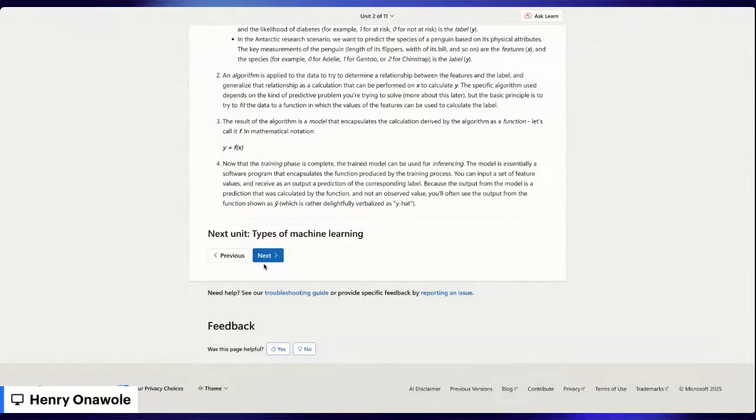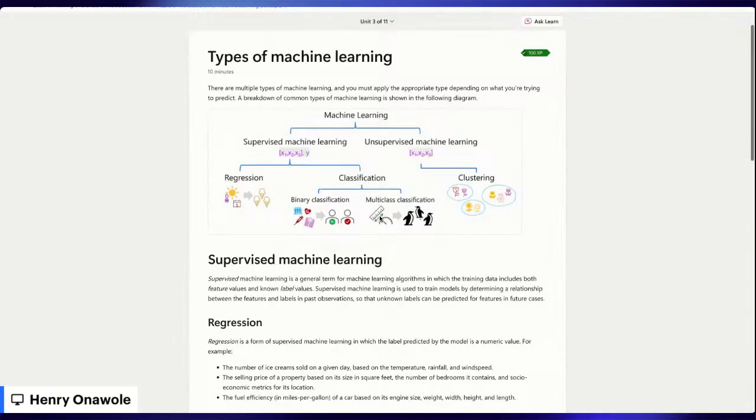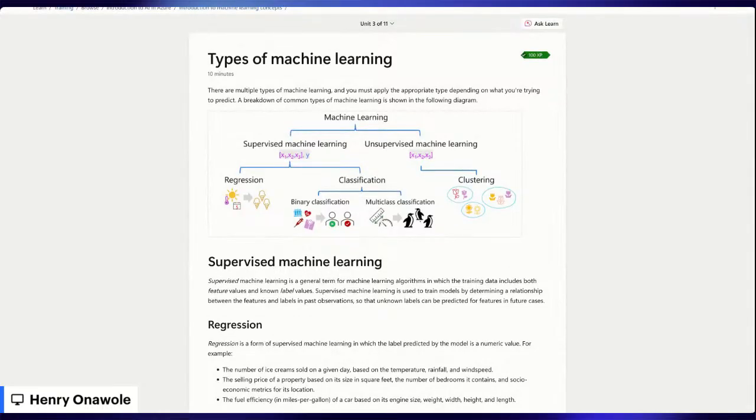Here we'll be talking about the types of machine learning. There are multiple types of machine learning, and you must apply the appropriate type depending on what you are trying to predict. A breakdown of common types of machine learning is shown in the following diagram.